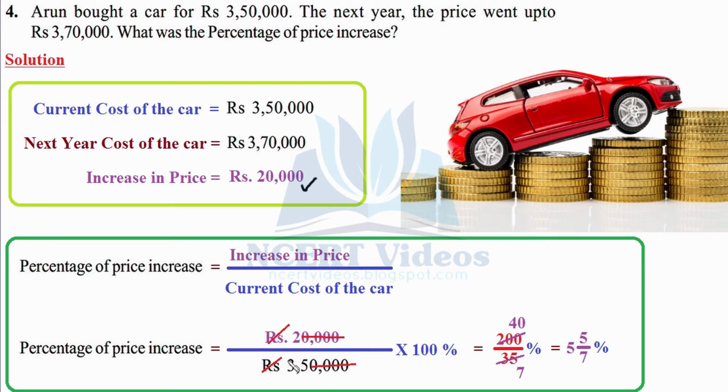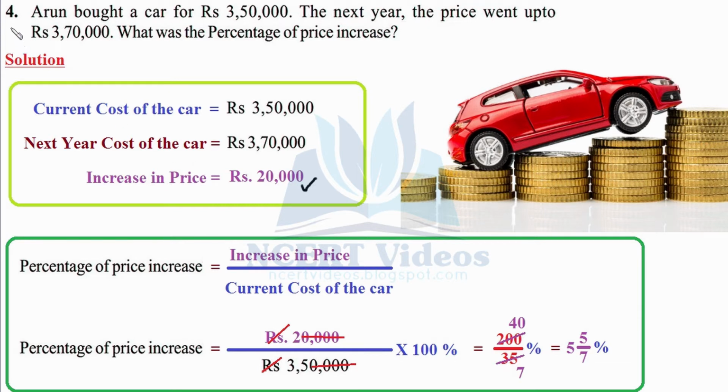We are left with 2 over 35. Now 2 can be multiplied with 100 to give you 200 upon 35. Now 7 5s are 35 and 5 7s are 35 and 200 needs solving. 7 5s are 35 and 5 is remainder. Therefore a mixed fraction came. 5 and 5 by 7% increase was observed in the next year of the car price.